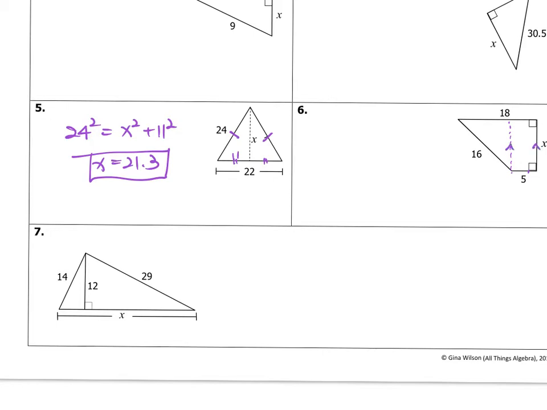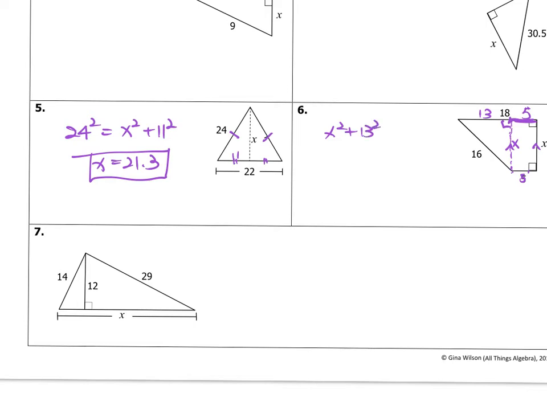So here I create a rectangle, which means the opposite sides have to be exactly the same, so the length of the added segment is also x, and this has to be 90 degrees. So I created a right triangle that way, and one of the legs is x, and the other leg is, if the whole thing is 18, and this side must be 5 because it's parallel and congruent to the opposite side, so this side is 13.